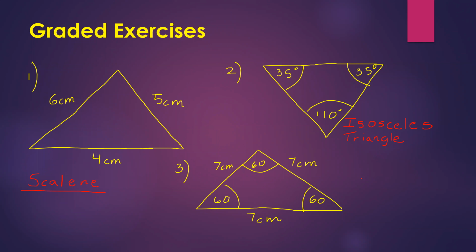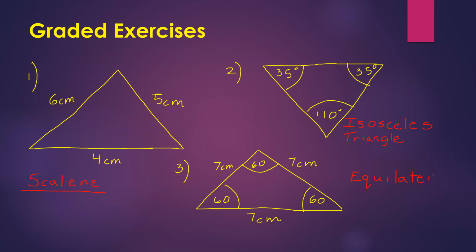Can I try? Go ahead, Theo. Is it an equilateral triangle? Yes, it is equilateral. Why is it equilateral, Theo? Because all the sides are the same length. And what else? How about the angles?